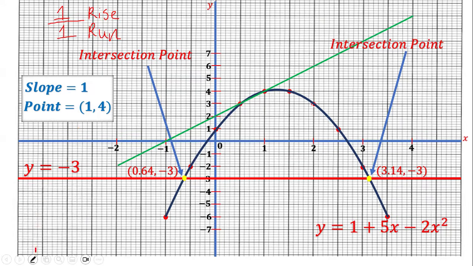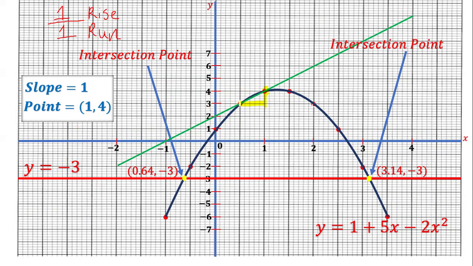And so let's use a highlighter. So let's use the yellow. And so we start at this particular point right here. And then we're going to go down 1. And we're going to go to the left 1.